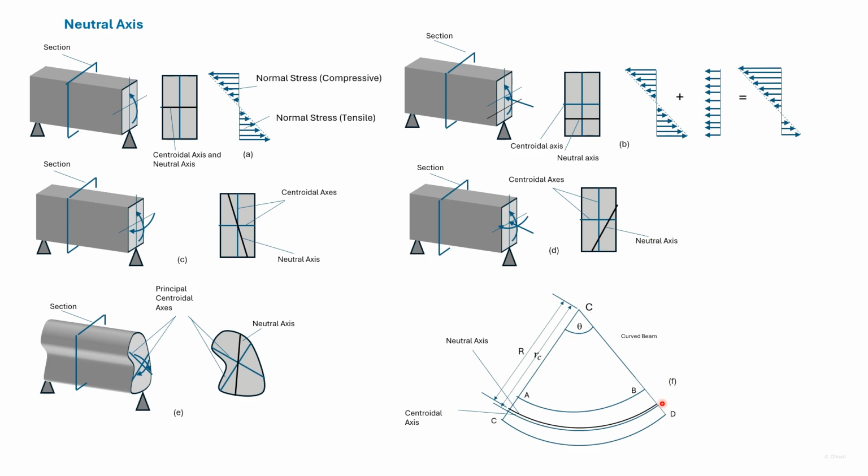So if we consider the neutral axis after a moment has been applied, it has a different radius of curvature. So this radius of curvature. The curved beam loading is considered to be applied at the axis of symmetry.